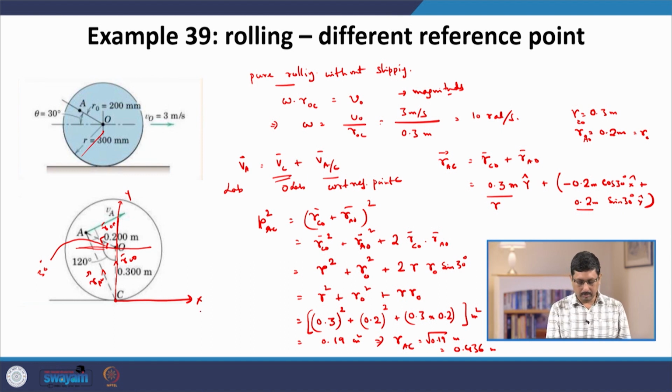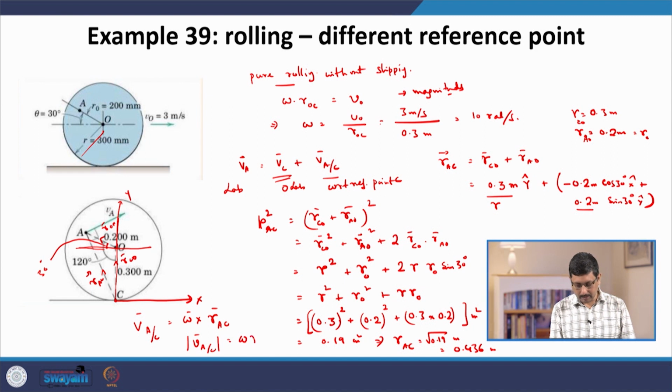So, then the velocity of A with respect to C is just omega cross R_AC, and if we look at the magnitude, the direction is given here, but the magnitude is easy to calculate.